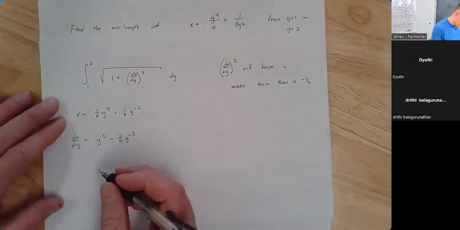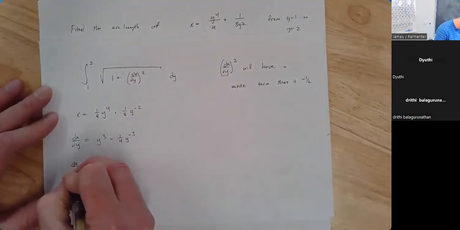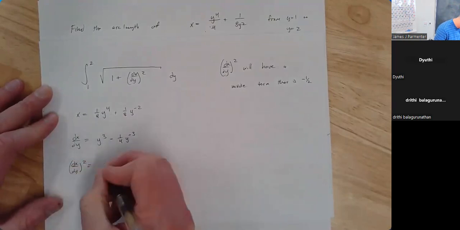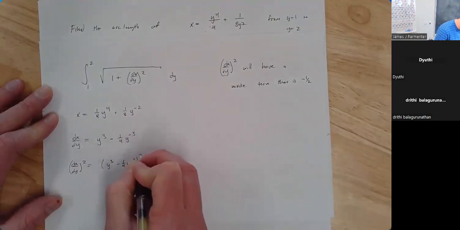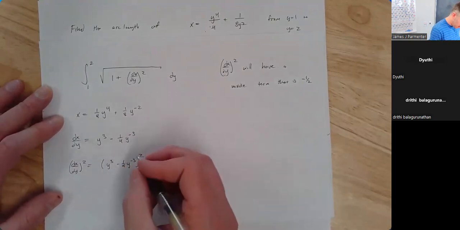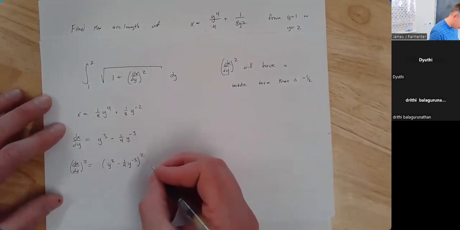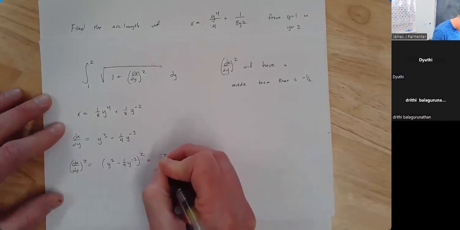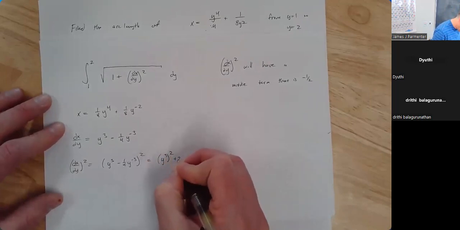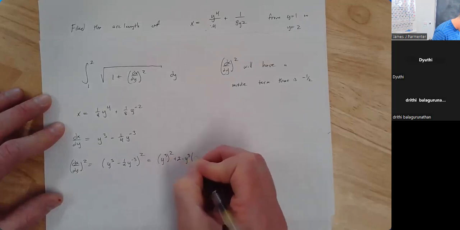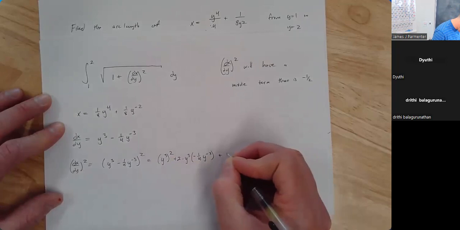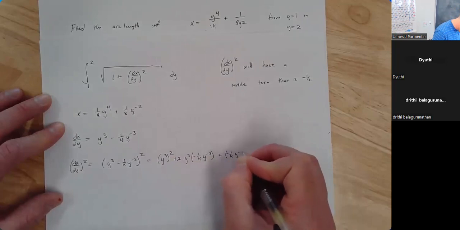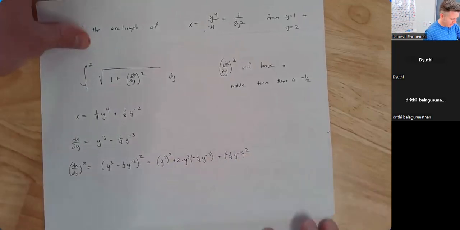So when I square this out, dx dy squared, which is y to the 3rd minus 1/4 y to the negative 3rd squared, I know how to square things like this. It's the first thing squared plus 2 times the first thing times the second thing plus the second thing squared. But look at that.